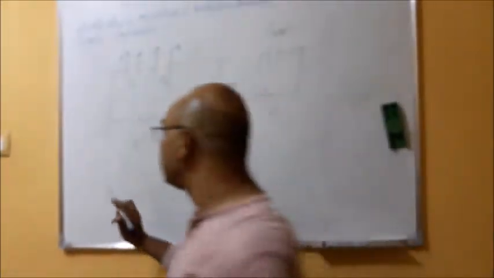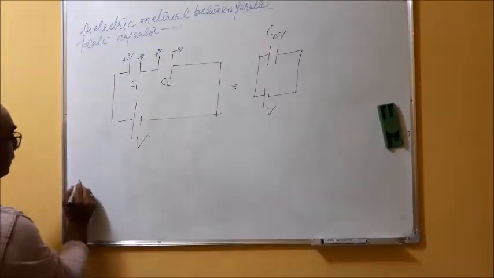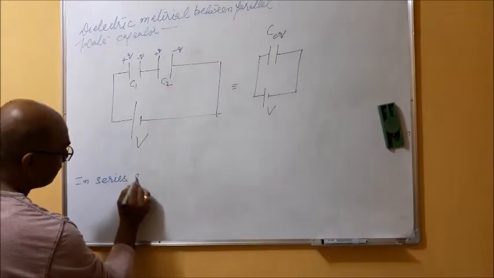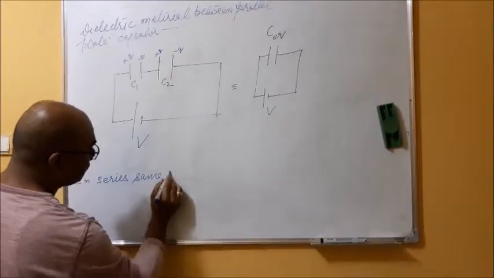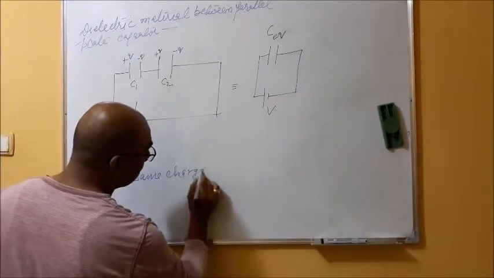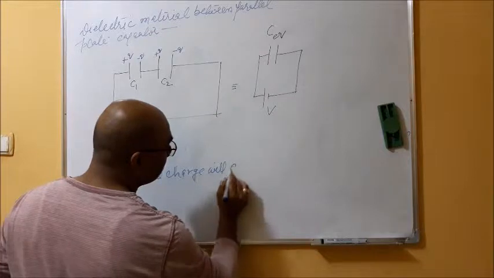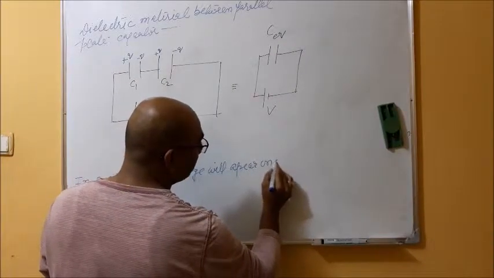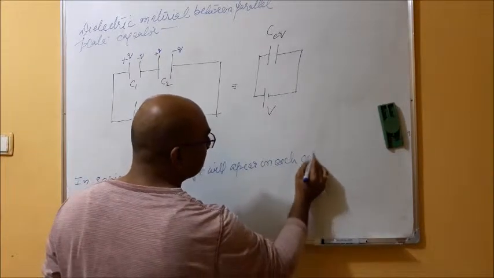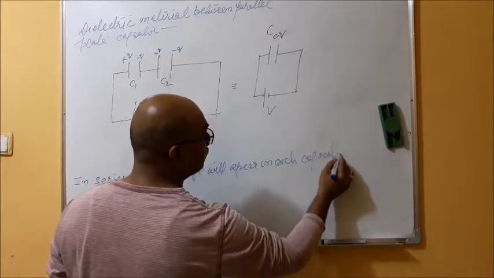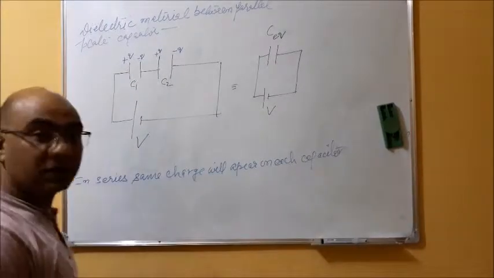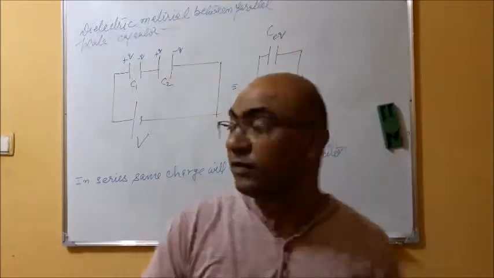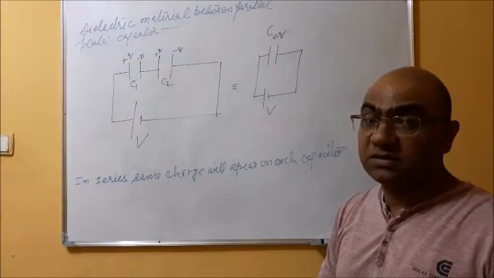Okay, so we can conclude that in series, same charge will appear on each capacitor. This is fine. So same charge will appear on each capacitor, right?